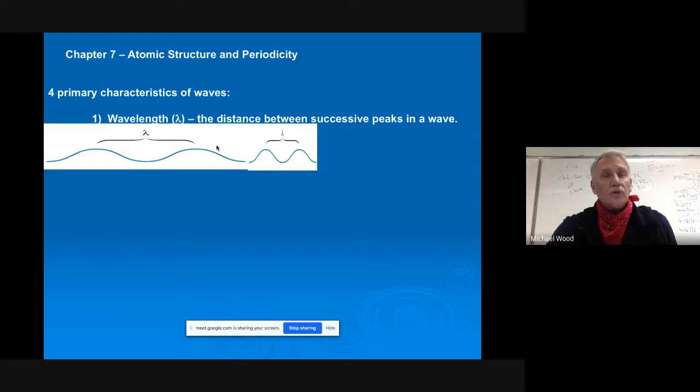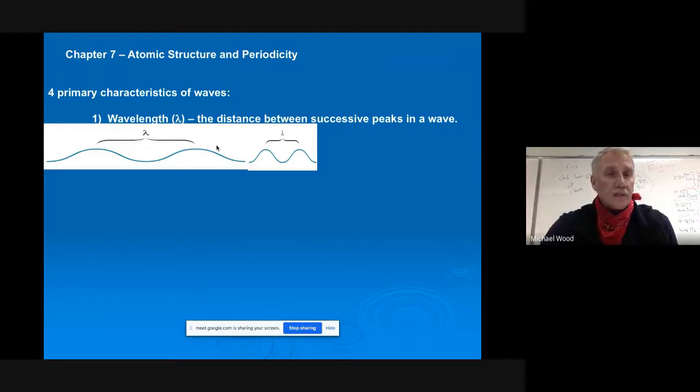But the reason we're going to do that is to understand electrons and their transition from energy levels. The light they give off, the energy they give off in the form of light is in the form of waves. So we're going to spend a little bit of time on waves, which will help us describe, again, eventually the electrons.